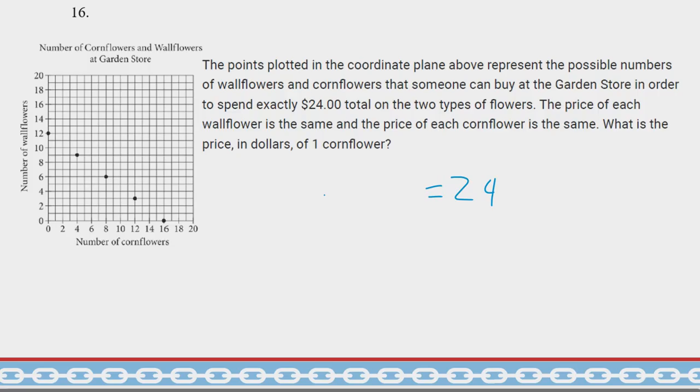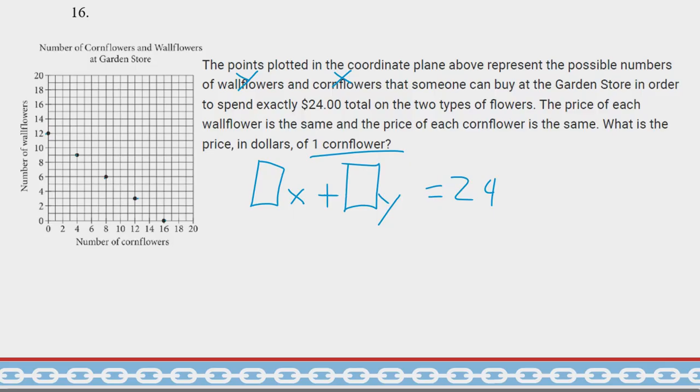Cornflowers is on the x-axis, wallflowers is on the y-axis. So x plus y. Okay, I know these have to have a price. So I have to have a price for cornflowers and I have to have a price for wallflowers.